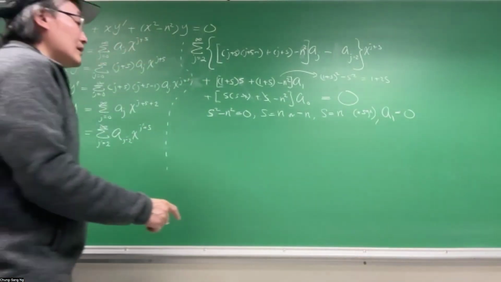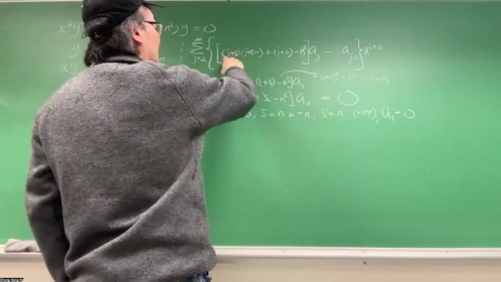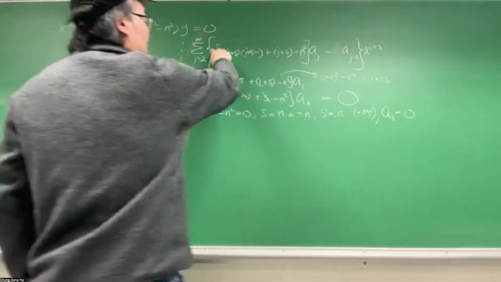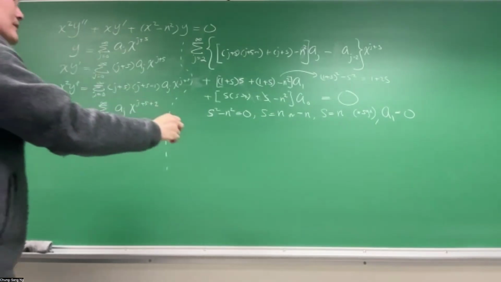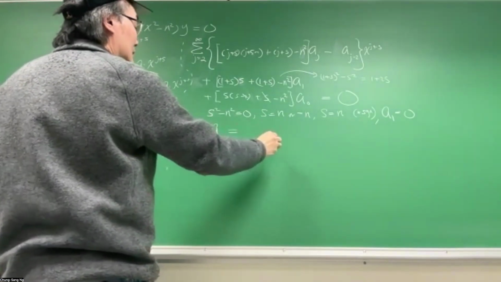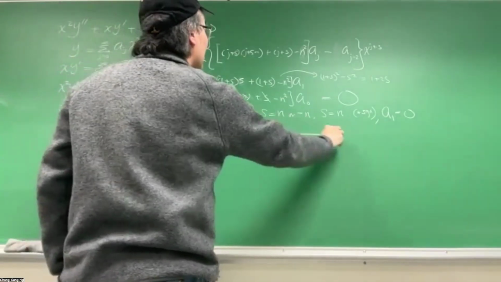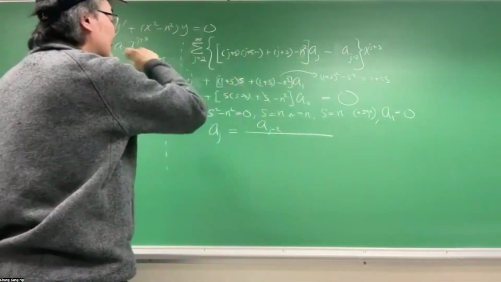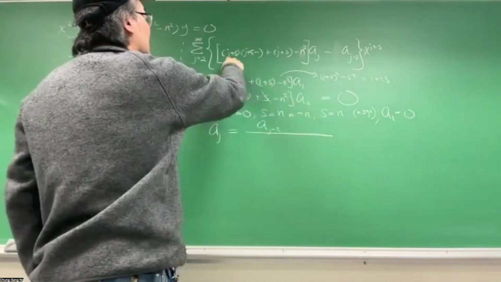But so for S equals N, you can now solve the recurrence formula from this one. So the curly bracket needs to be 0. a sub j is equal to a sub j minus 2 divided by the square bracket. Now, we need to simplify because S is N now.